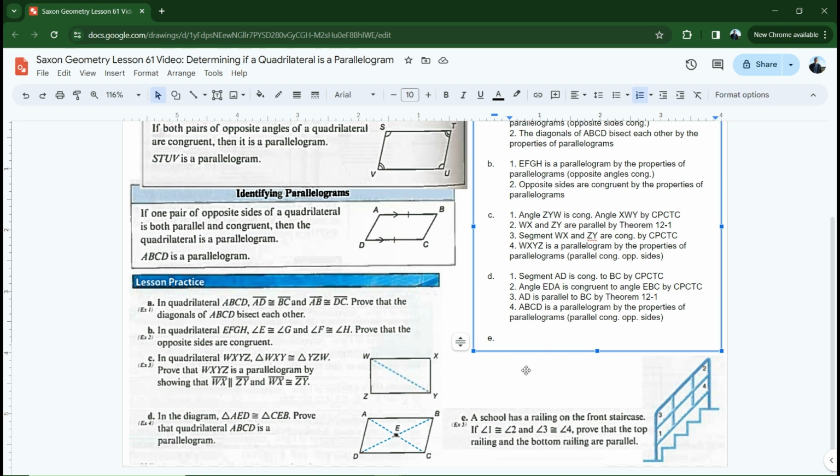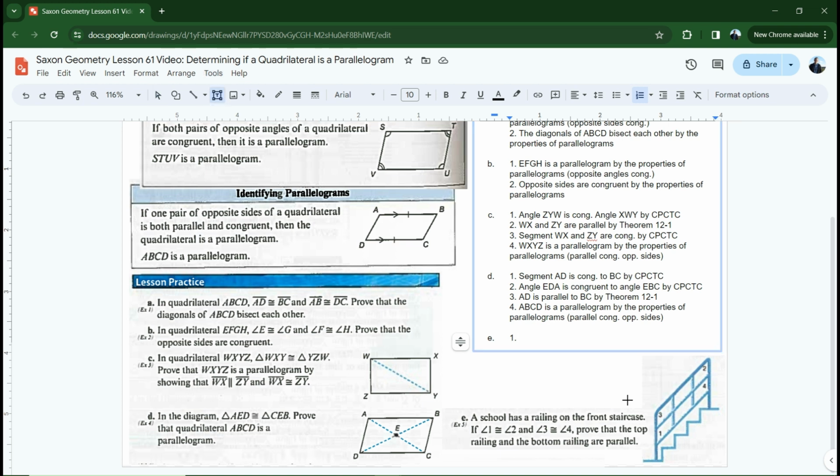Okay, so I know angle 1 and angle 2 are congruent. Angle 3 and angle 4 are congruent. Here's how I'm going to do this one. This one's a little different, so pay attention to this. What I would do is put E, F, G, H on here, and I would make it a given that EFGH is the parallelogram that we're dealing with.